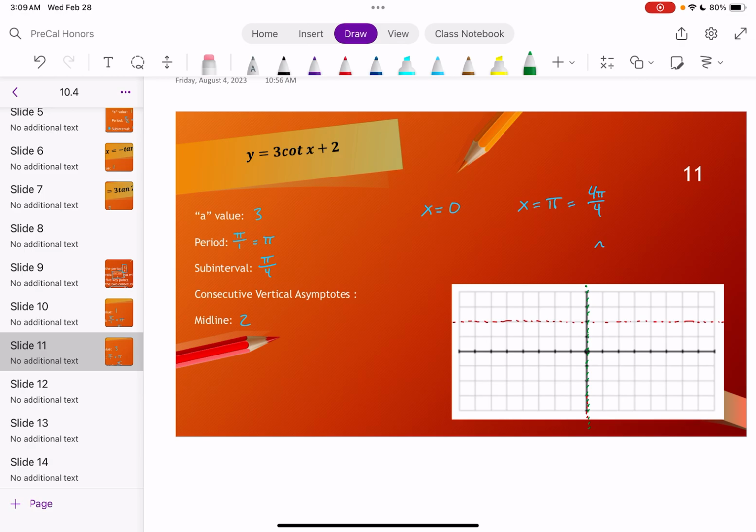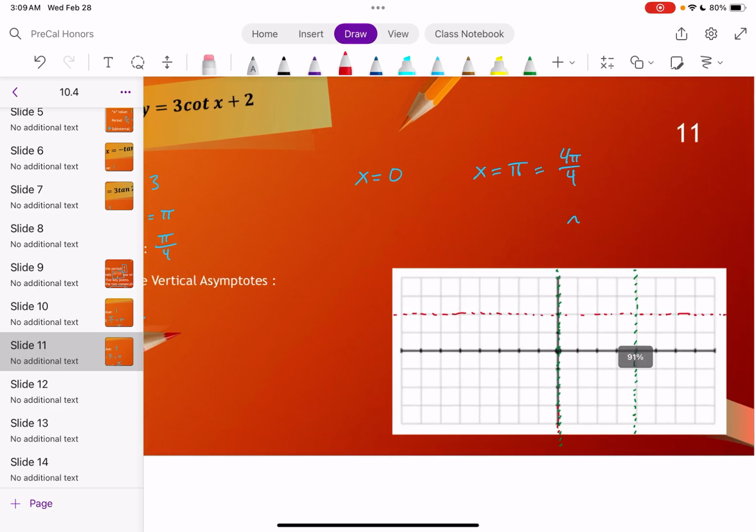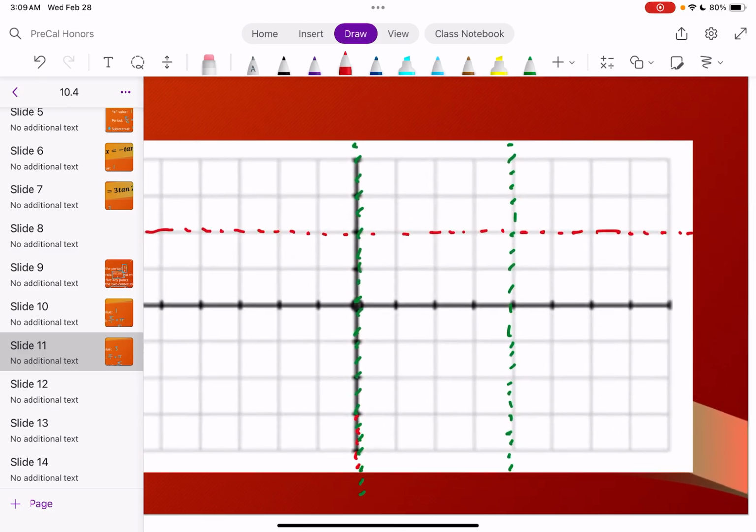And we're going to be at 4 pi over 4 for our other vertical asymptote. We go ahead, label our x-axis, so 0, pi over 4, 2 pi over 4, 3 pi over 4, 4 pi over 4.